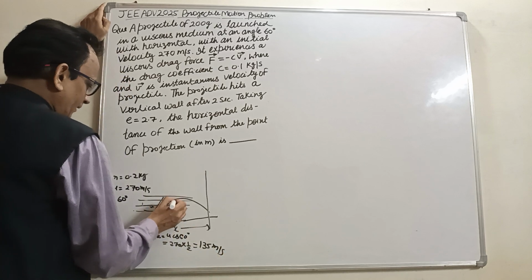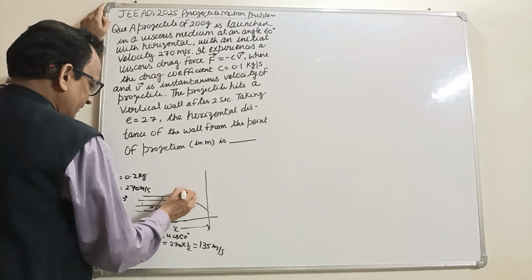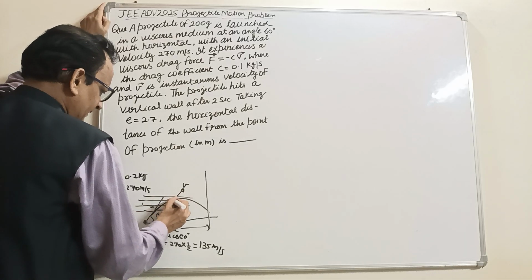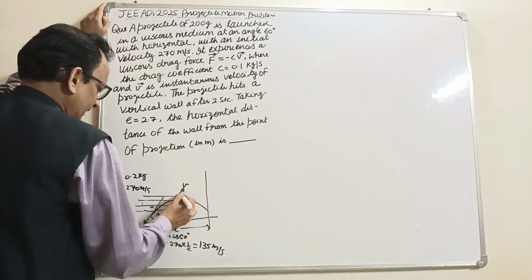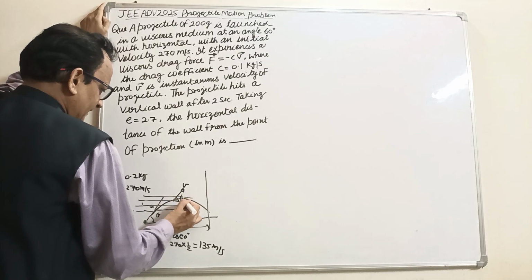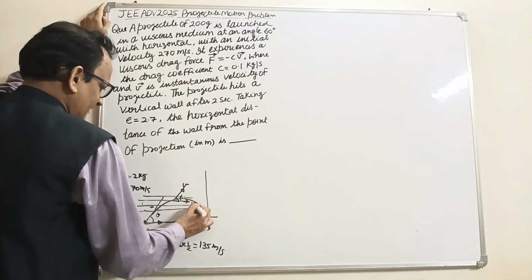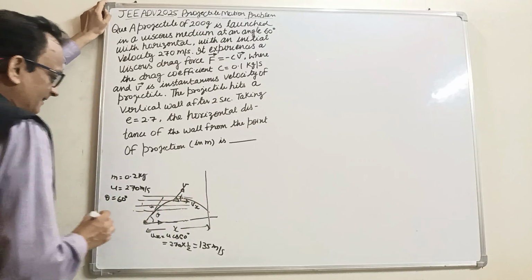And suppose this velocity is v, and this angle is phi, and vx is the component of velocity in this direction.